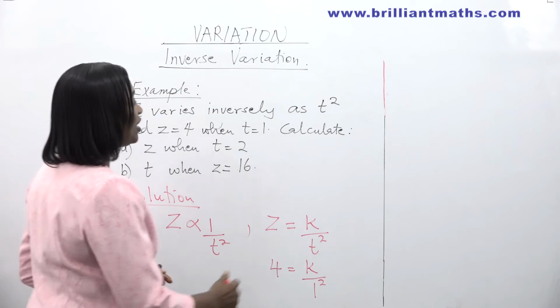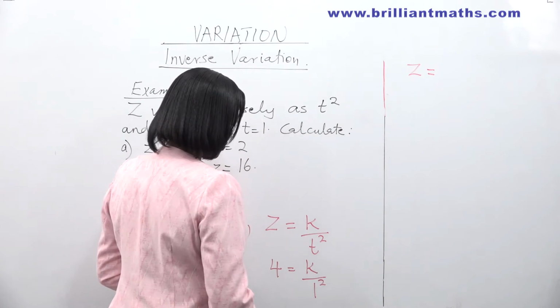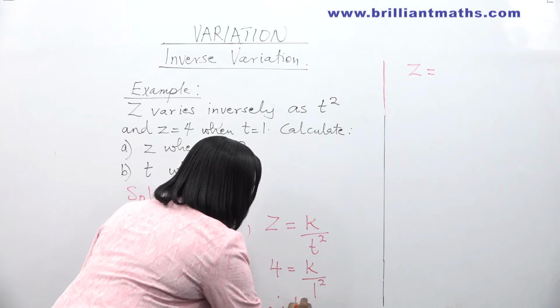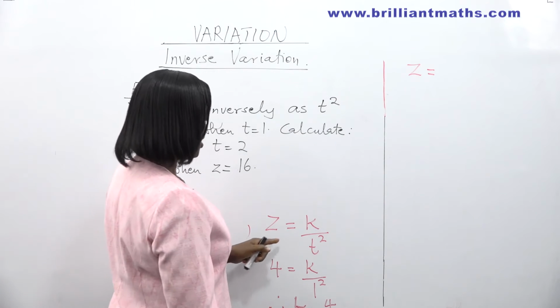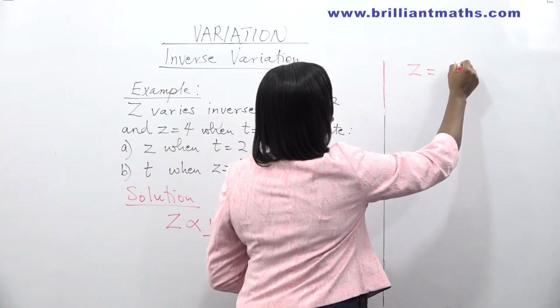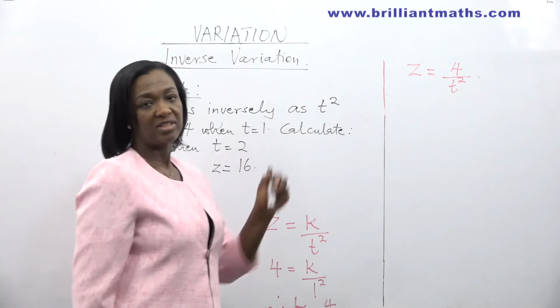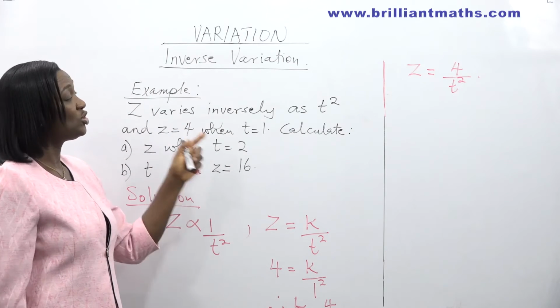So the actual formula is, let's write that, therefore k is equal to 4. So z is equal to 4 over t squared. That's the formula. So now we are to calculate z when t is 2.